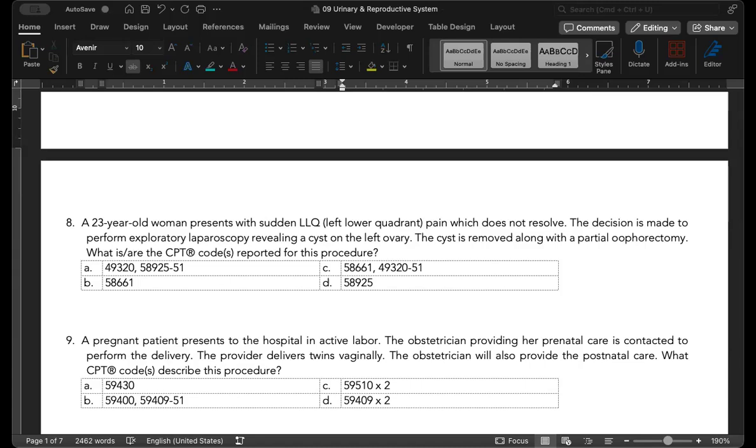So let's look at this one from a coding from scratch standpoint. If we are doing an exploratory laparoscopy, and then it results in a procedure, do you think we should also report that exploratory laparoscopy with the procedure, or should it be one or the other?